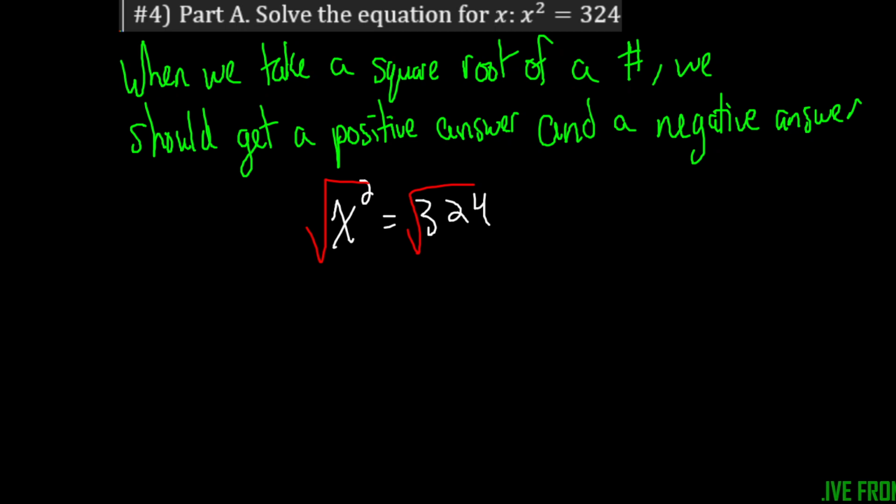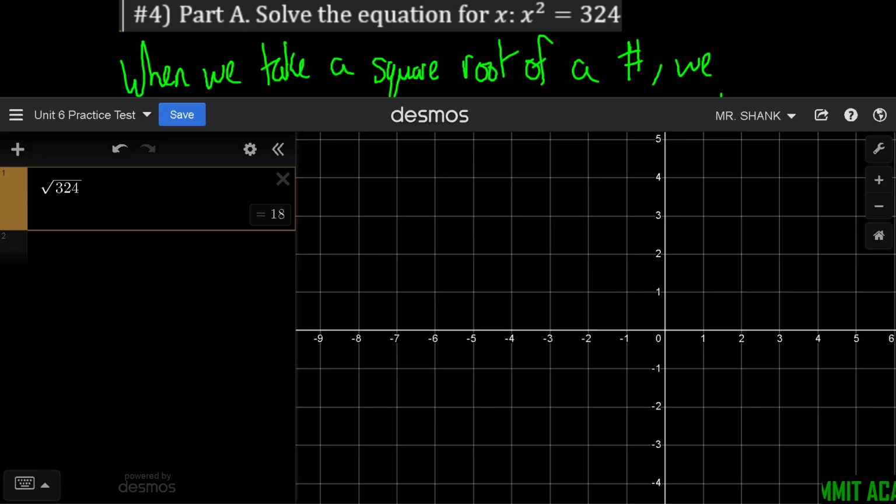So I get my positive answer, but I also have to have my negative answer. So I just need to list out that I have negative 18 as well.